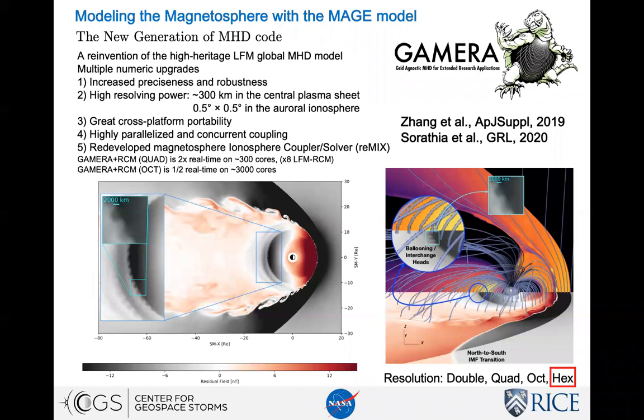Its resolution can be as small as 300 kilometers, which means structures at that scale can be well resolved, which allows it to capture small scale physics in the magnetosphere, such as the ballooning interchange instability in a substorm. It is also significantly faster than LFM, since it's much better parallelized and has concurrent coupling. It also has great cross-platform portability. You can even run it on your laptop.